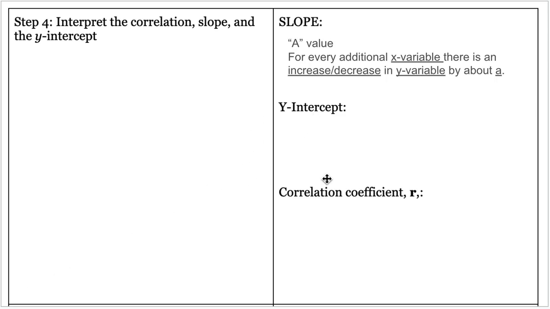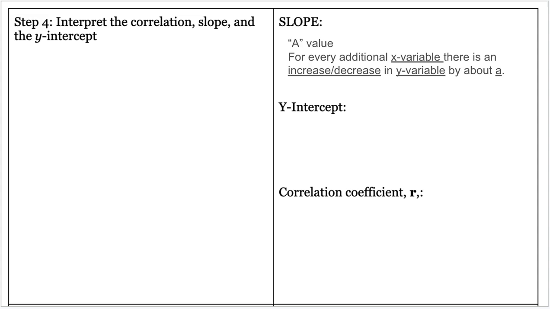So we'll start with our slope. The slope is that A value. It's your coefficient on the X. So we would need to interpret it. For every additional X variable, that's going to be filled in specific to the context of each question, there is an increase or decrease in the Y variable.